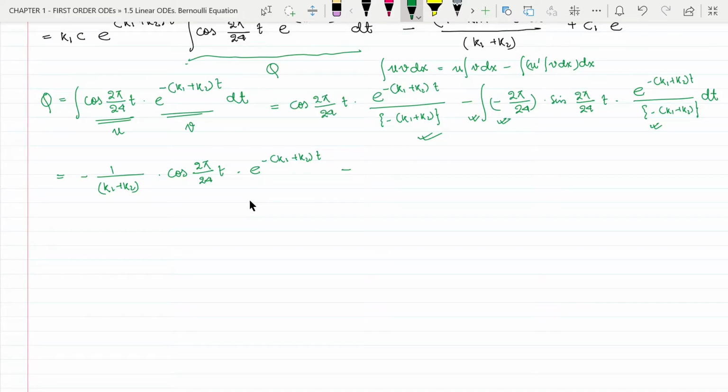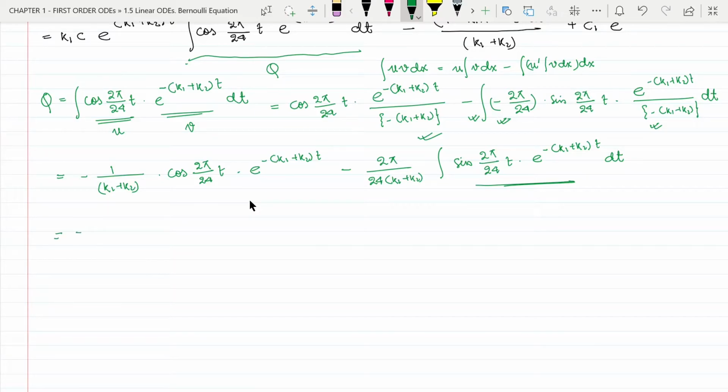So this is minus 2 pi by 24 (k1 plus k2) integration of sine 2 pi by 24t e to the power minus (k1 plus k2)t dt. Now to find this integration, we have to use integration by parts again.